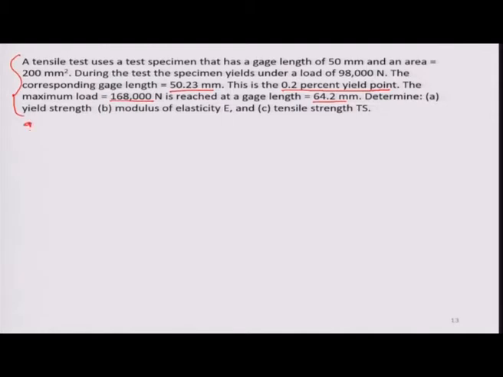So, what are the things given? Gauge length L naught is equal to 50 mm, A naught is equal to 200 mm square, and yield load Y means the specimen yields under a load of 98,000 Newton.